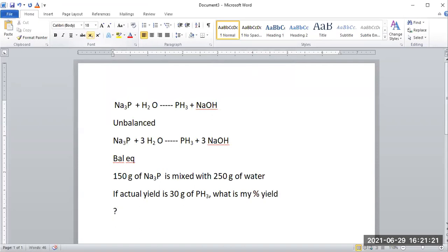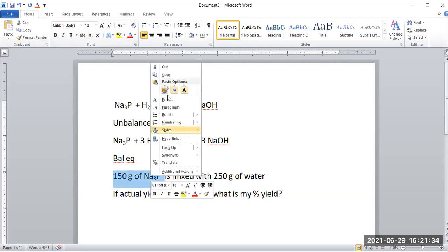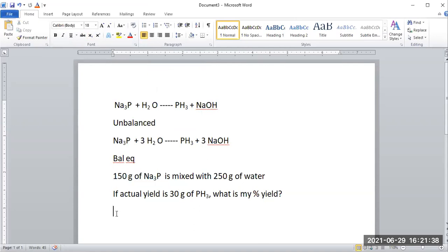All right, so I need to figure out which one is limiting as my starting point. So if I take my 150 grams of sodium phosphide, and I am going to multiply by 1 over its molar mass.